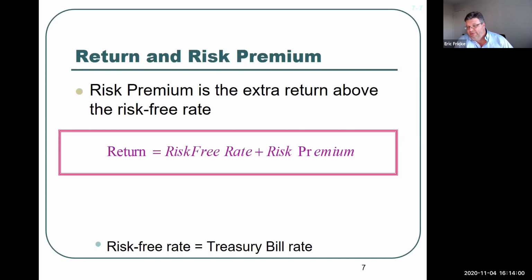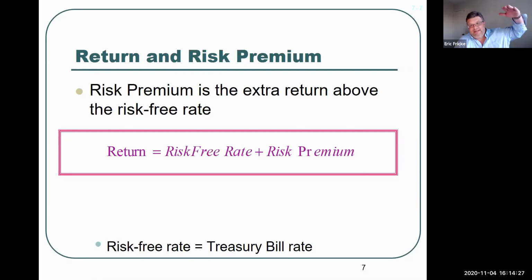And that risk-free rate, think of it as like a baseline rate. So if you have a project with zero risk, the required return is the risk-free rate. Okay, so that's kind of the baseline minimum rate of return, that risk-free rate.